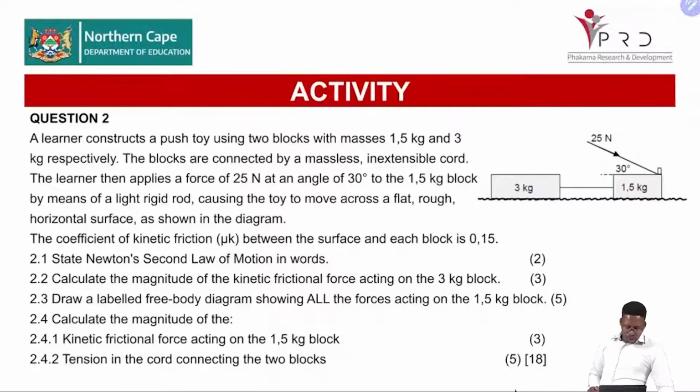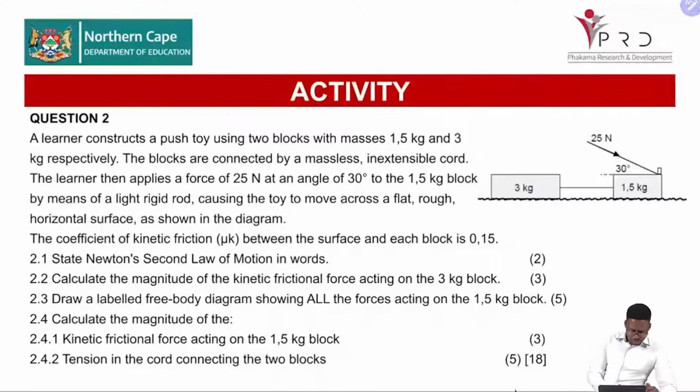Then let's come to this one. It's an activity. Because we are revising, I'm giving you 13 minutes to respond to it, and then we'll have a discussion on it. Let's tackle this question.